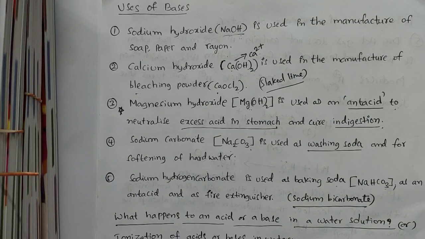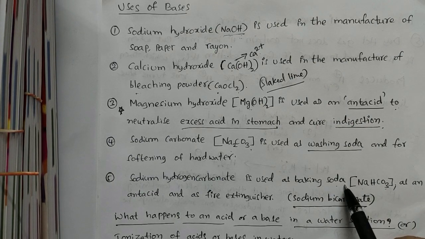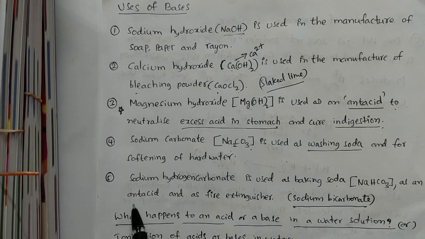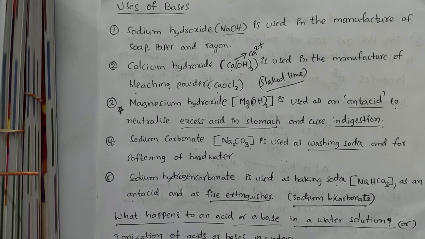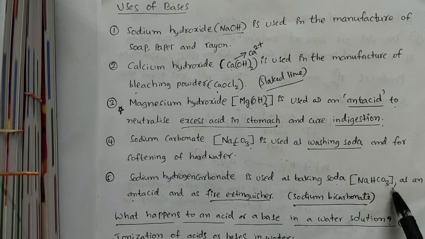Sodium bicarbonate is also a weak base. Generally, it is used as baking soda in our kitchens, and it can also be used as an antacid and as a fire extinguisher. There are some powders which are used to put off fires, and in that powder, sodium bicarbonate is the chief constituent.